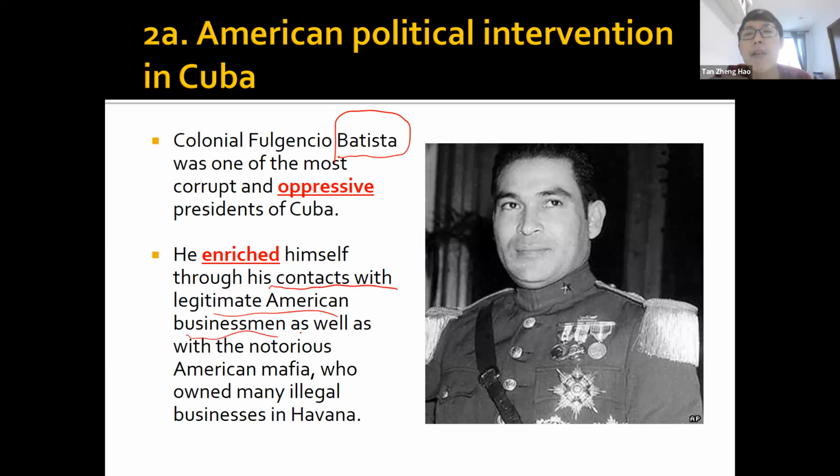That means he's very friendly to American businesses, very friendly to even the American mafia, the American gangsters who run a lot of Cuban businesses. So a lot of people see him as some sort of a puppet of the US, or the US dog, always listening to the US and not doing the best for Cuban people.